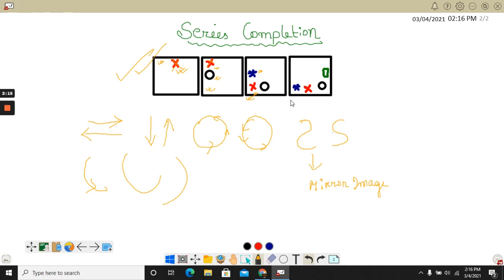And in the next step again, if you observe, it has moved one step ahead. So that means this cross is moving first one step, and then in the next one it is moving two steps.